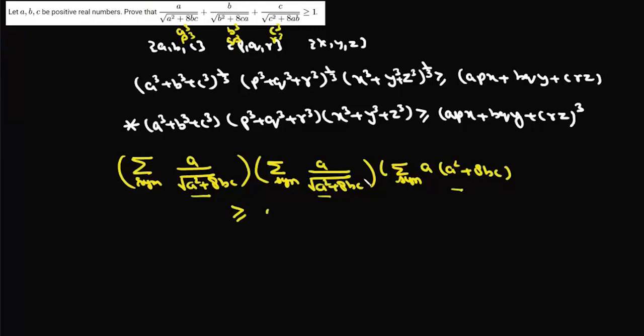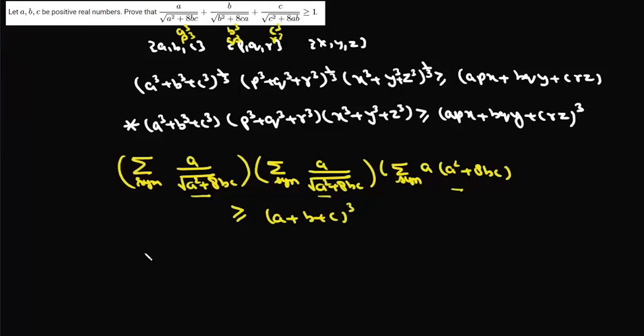So if you multiply them, we'll get a cube, p cube, x cube. Now a square plus 8bc will cancel. We'll get this as a cube. So value of apx will be simply a. So it will be greater than or equal to (a plus b plus c) whole cube.